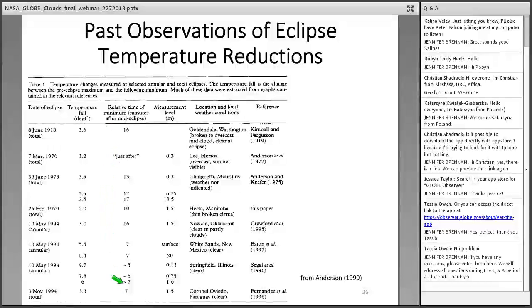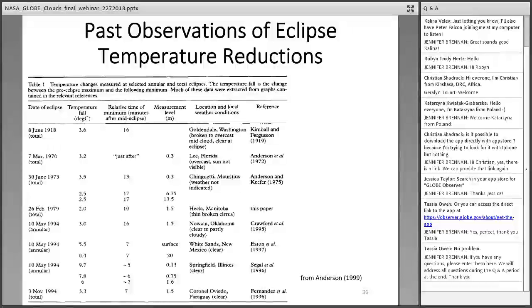And you can see here the times range from about 5 minutes to about 15, maybe 20 minutes after the time of maximum obscuration, which we saw 13 minutes. So we're right in the ballpark of what scientists in the past have observed, which means that the GLOBE Clouds citizen scientists were able to capture the meteorology of the event.